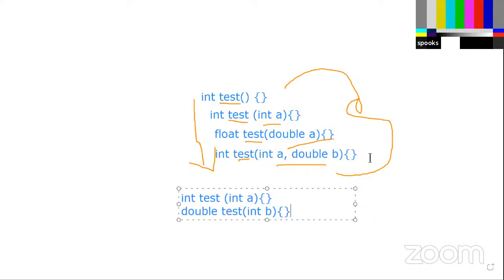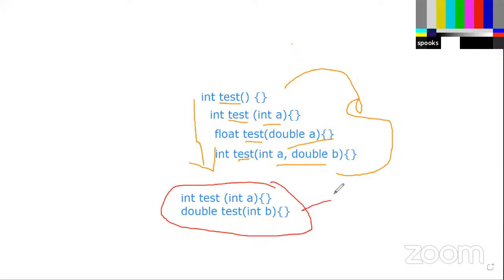All right. Now I want you to look at the two codes. This code, when you run it, it will give us an error. And why will it give us an error?